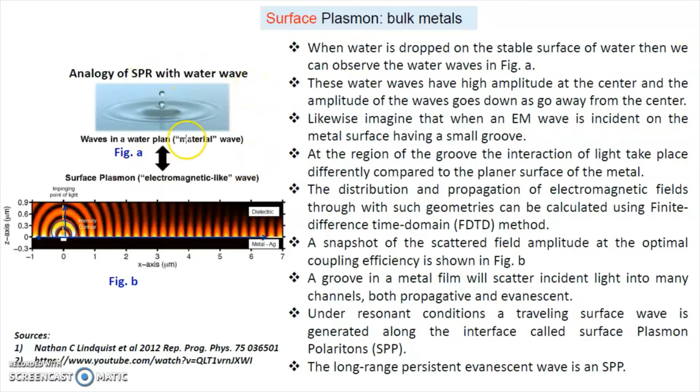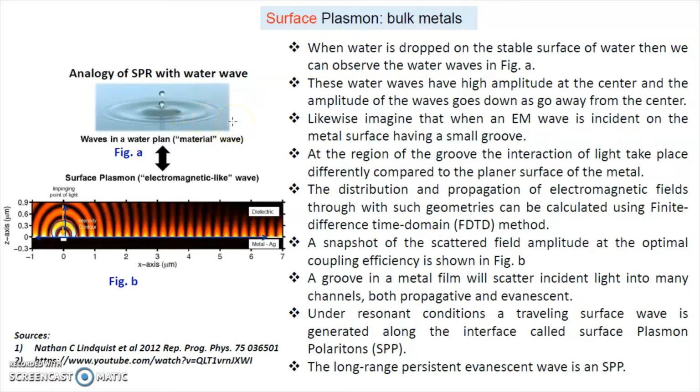Suppose the water is stable and we are not disturbing the surface, then it is very stable. And suppose we put a drop of water on the stable surface, then what happens? You have all seen that this kind of waves are generated on the surface.